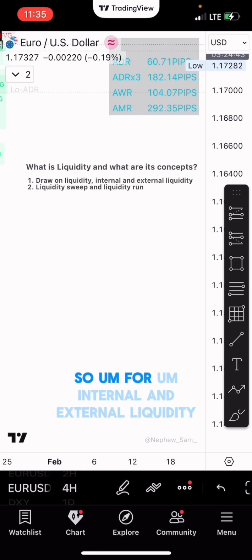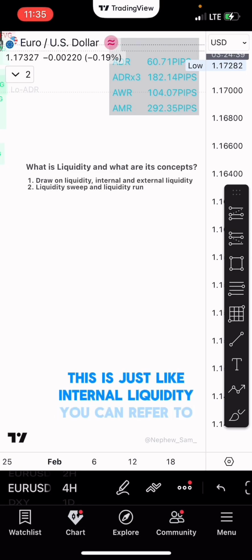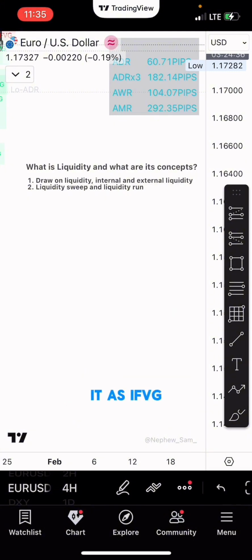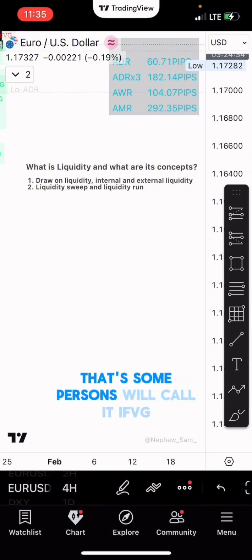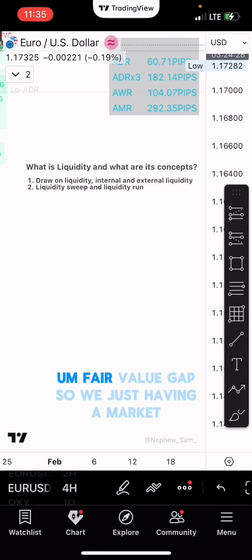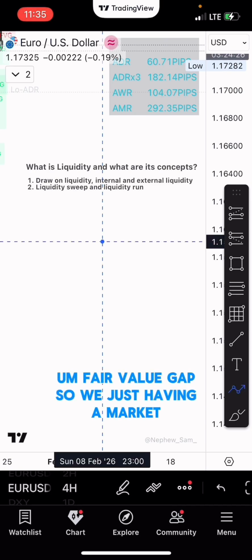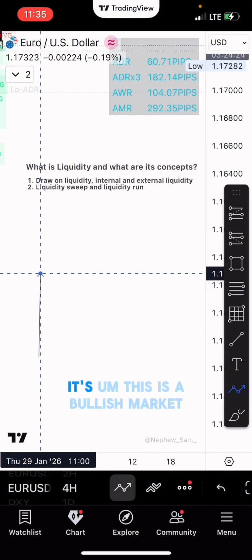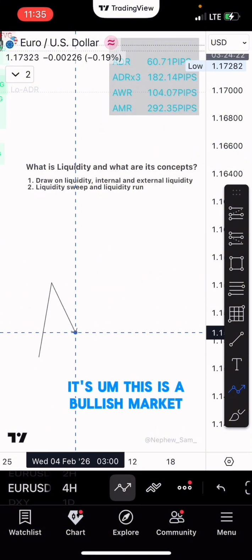So for internal and external liquidity, you can refer to internal liquidity as IFVG. Some persons will call it IFVG, that's internal fair value gap, imbalance, fair value gap. So just having a market structure like this, this is a bullish market.